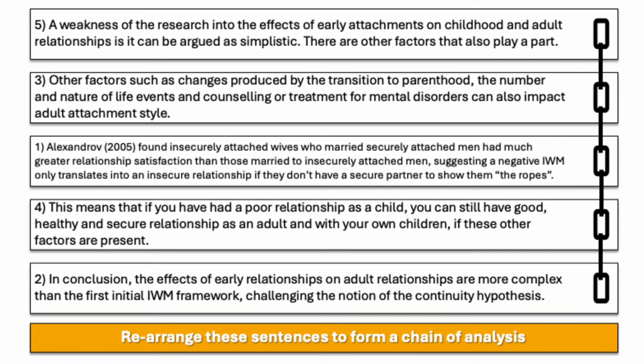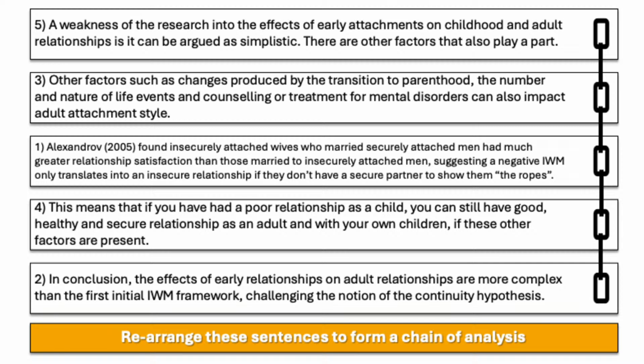Other factors such as changes produced by the transition to parenthood, the number and nature of life events, and counselling or treatment for mental disorders can also impact an adult attachment style. And here we've got our evidence. Fine if you don't have this particular study, but if you find this useful, you might want to take it down or play it on playback.